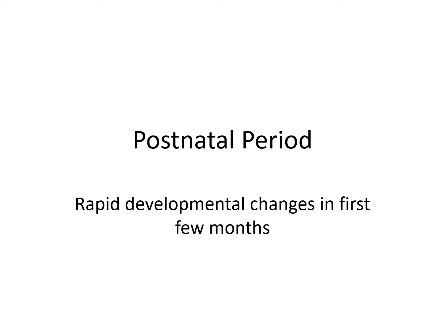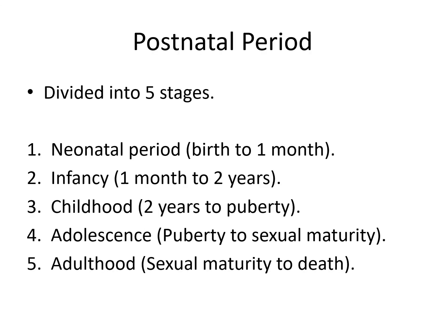The postnatal period is the rapid developmental changes in the first few months, and it's divided into 5 stages. We have a neonatal period, infancy, childhood, adolescence, and adulthood. The neonatal period lasts from birth to 1 month, infancy from 1 month to 2 years, and childhood 2 years to puberty.